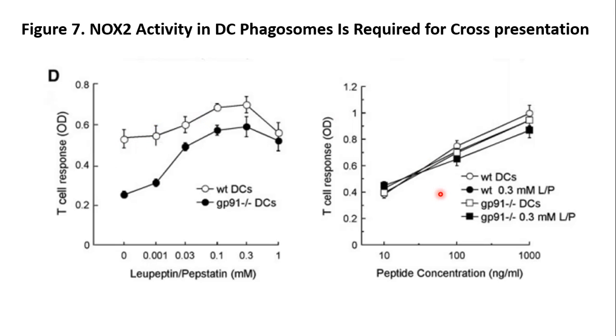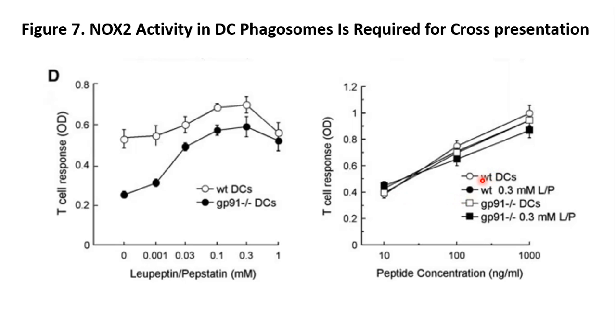And here, just to get clear, let me see if I understand this graph. The treatment of DCs with protease inhibitors gives this indication that the defect in cross-presentation is related to it, while treatment with protease inhibitors did not affect the peptide presentation to the same T-cell, not effective.